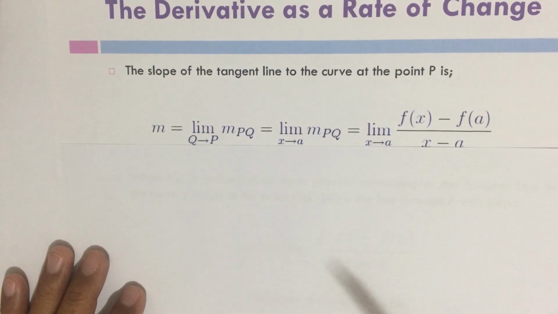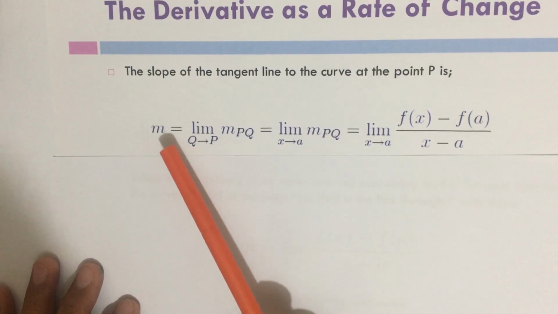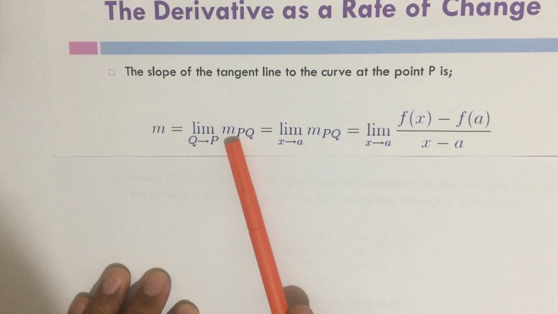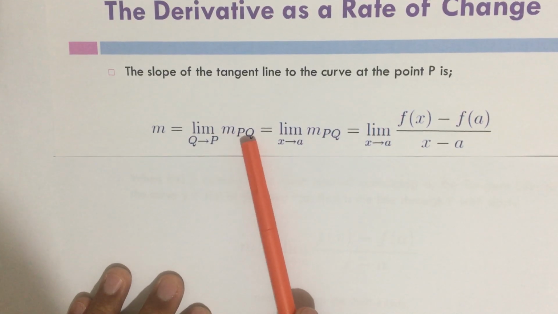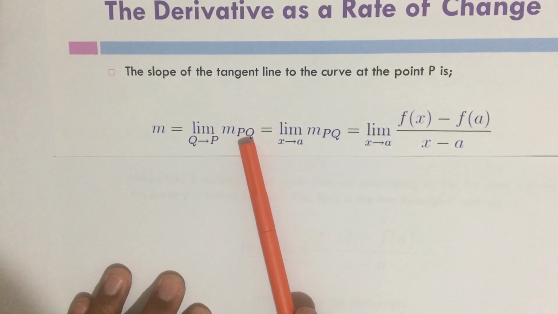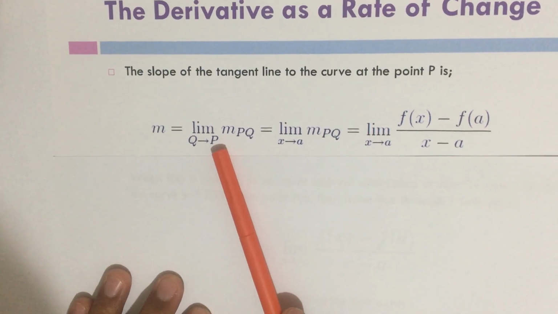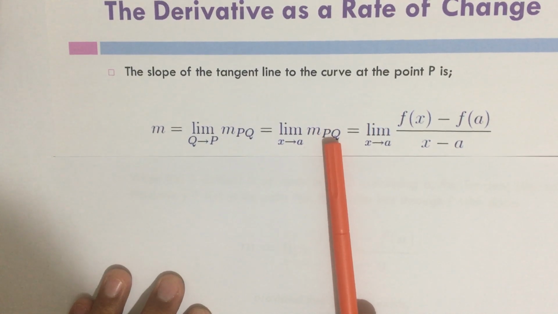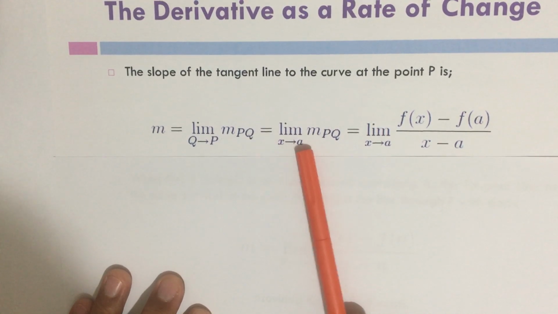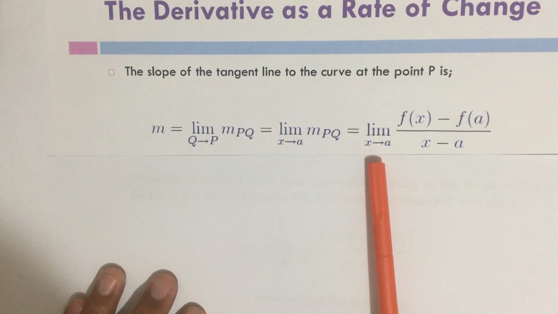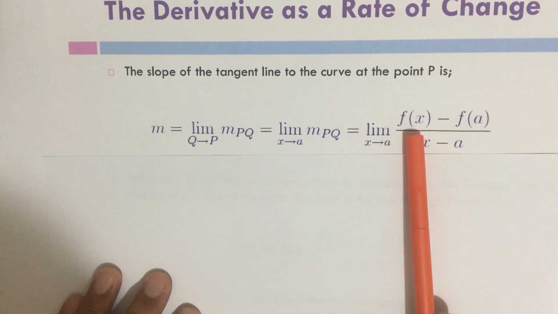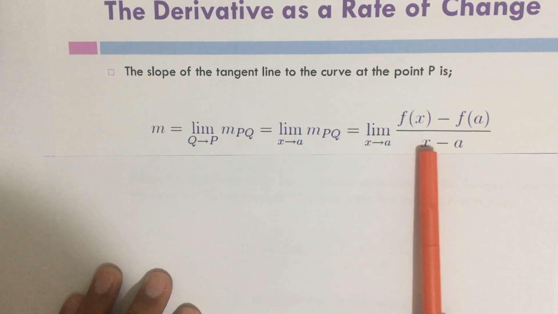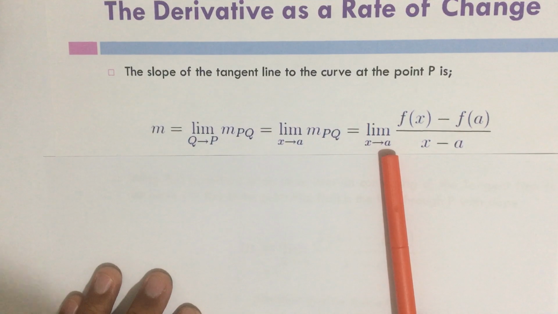The slope of the line is equal to the limit of the slope of the line PQ, actually the secant line, as Q approaches P. This is equivalent to the limit of the slope of the secant line PQ as x approaches a, which is equivalent to the limit of f of x minus f of a divided by x minus a as x approaches a.